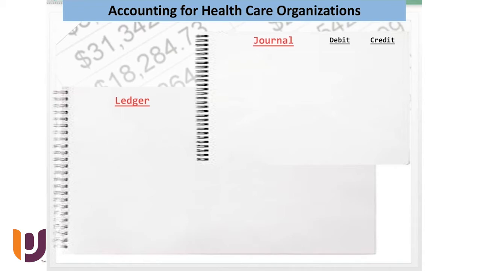Recording patient charges can be complicated at a hospital. Some of the amount is due from the patient and another portion from the third-party payers, such as Medicare and the insurance companies.